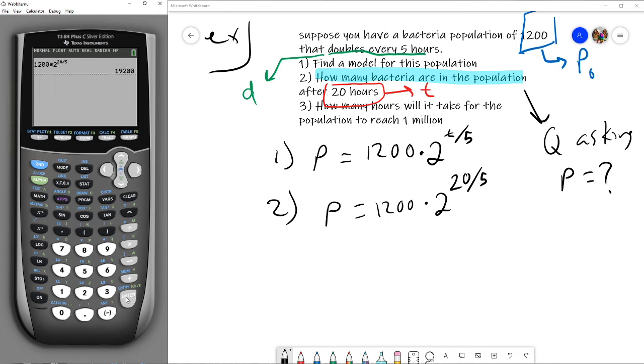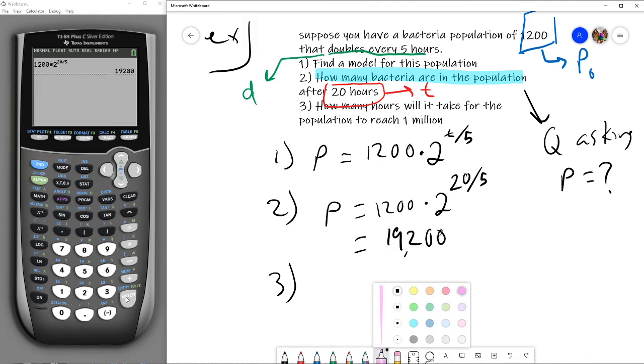And we get an answer of 19,200 bacteria. So that's pretty good for 20 hours. But now this raises the question, how long will it take for the population to reach 1 million?